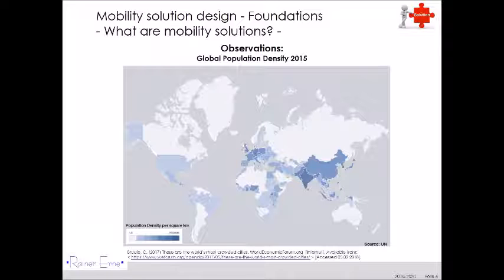And there will also be some spots in Africa where we will face this problem. So a lot of people are living in a city, have mobility needs in the city, and will use their own cars. So these will be the hotspots in the future where we should concentrate.